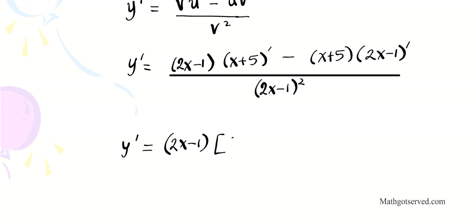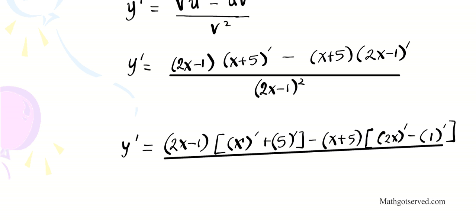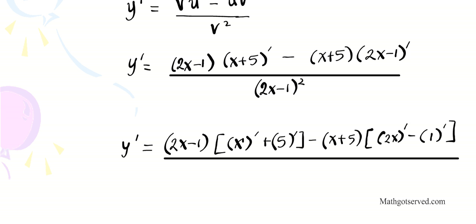So it's going to be times x to the 1 prime plus 5 prime, minus, and then the same story here, bring down x plus 5, and then times parentheses 2x prime minus 1 prime, close that, and then divide the whole thing by 2x minus 1 squared.